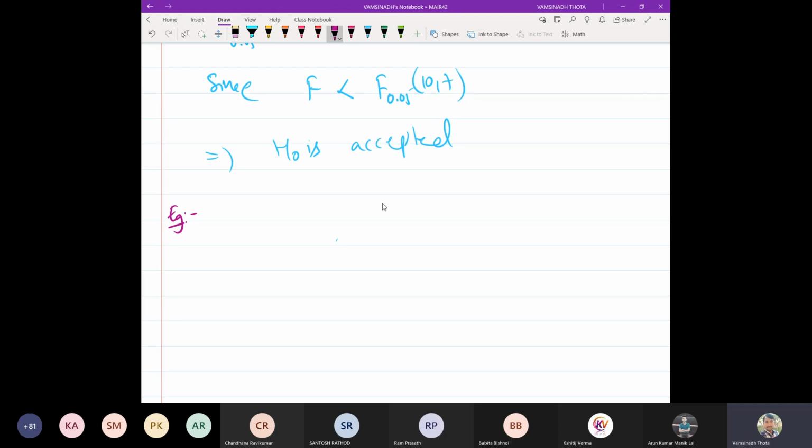Two random samples have the following values.